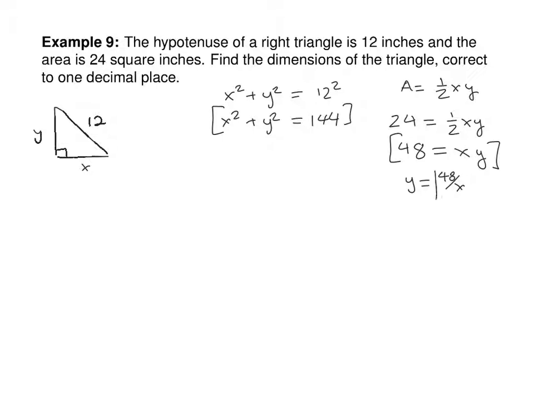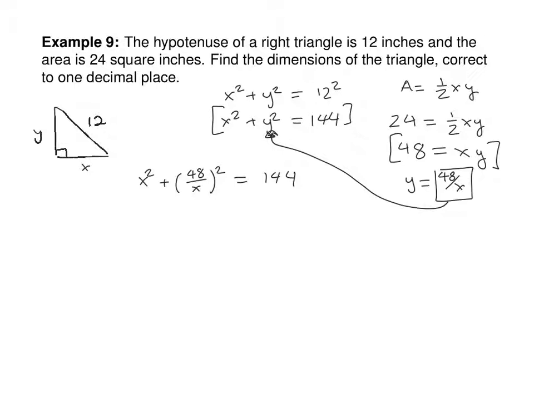And then this 48 over x can go in for the y, as in it can replace it. That's called substitution. Have you seen substitution before? Yeah, okay. So that's x squared plus the quantity 48 over x, the whole thing squared, equals 144. And now you've got one variable and you're good to go.